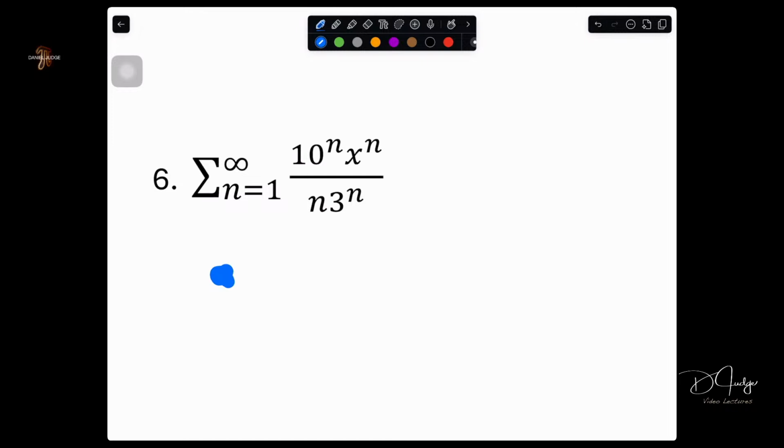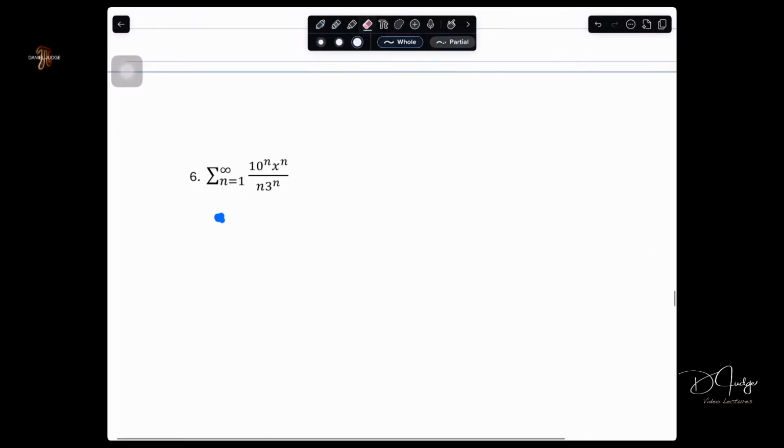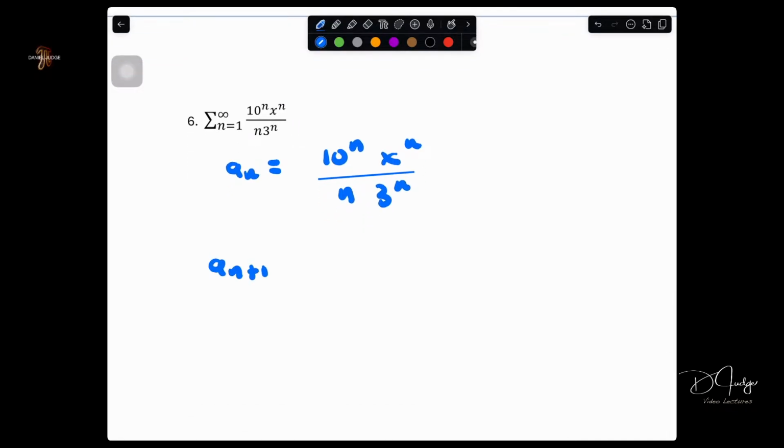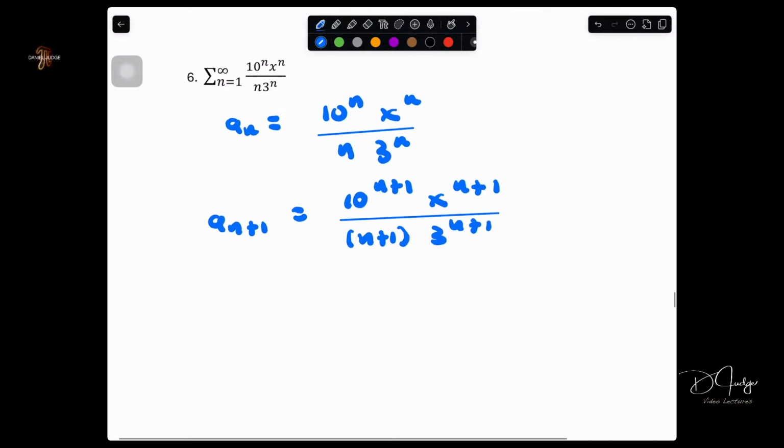So we'll list this as a_n, and we'll use the ratio test. a_n will be 10 to the n, x to the n, over n, 3 to the n. a_(n+1) is 10 to the n plus 1, x to the n plus 1 over n plus 1, 3 to the n plus 1.